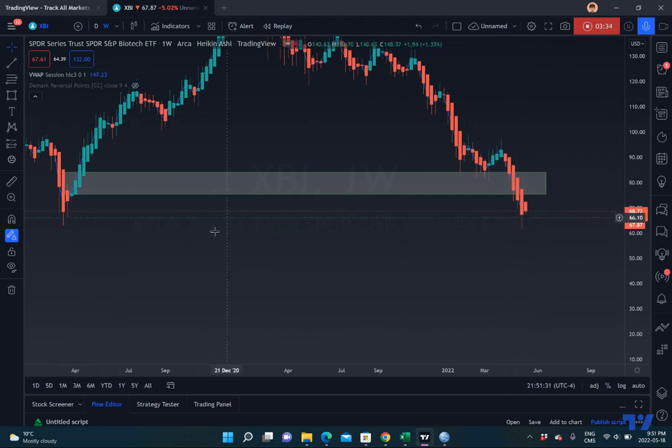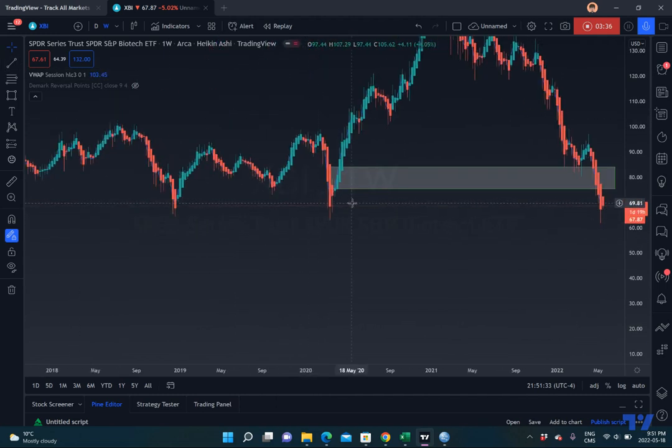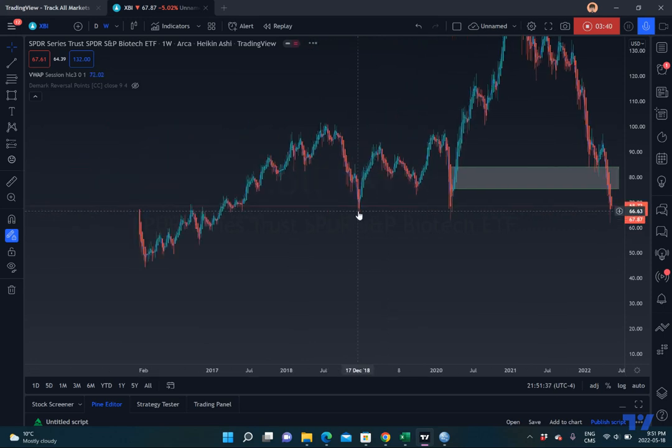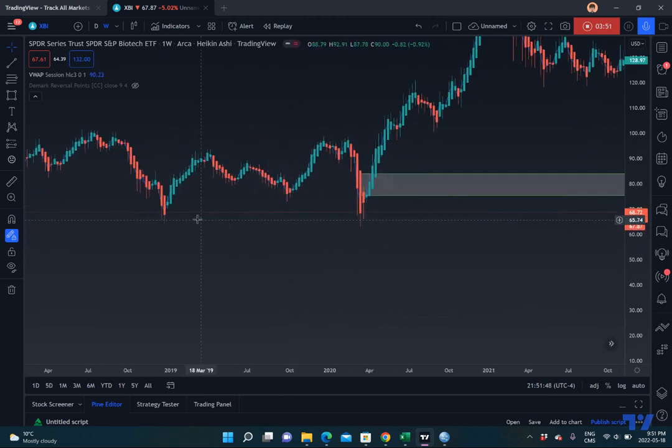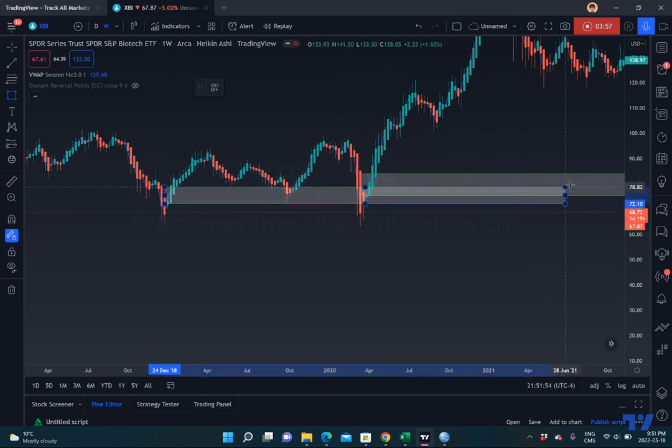So we're going to just go ahead and see if we can find another uptrend that's a little bit more close. And in fact, there is one right here, which kind of overlaps. But this actually proves a point.